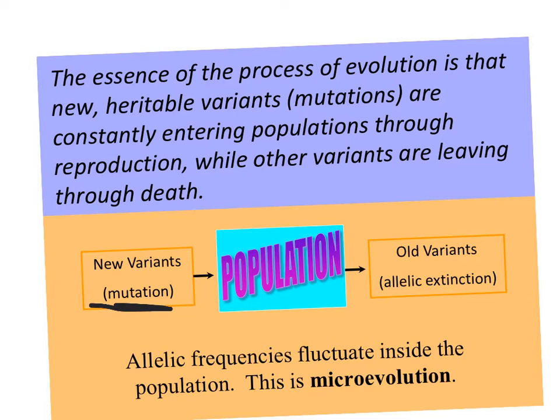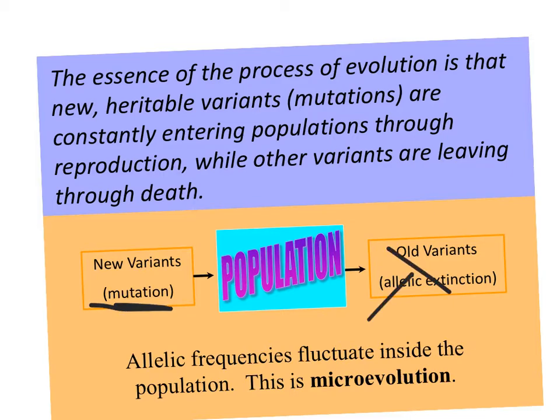And so over time, you end up at a different time period. Some of the old genes, alleles or traits go extinct. Some are lost immediately because they're not favorable mutations.